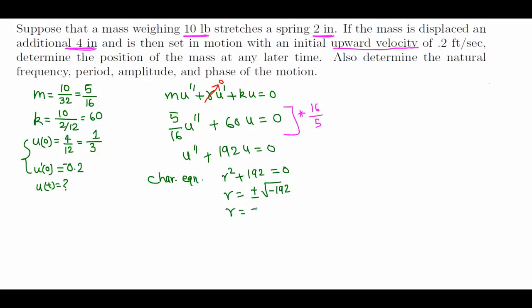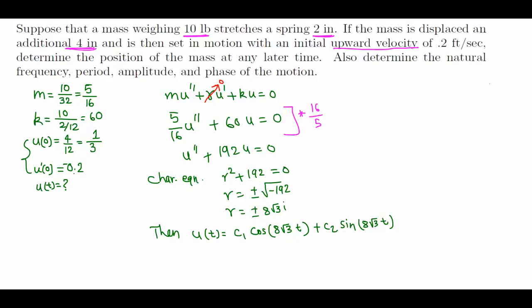So r equals plus or minus, this is 64 times 3, so 8 square root of 3 i. So we have complex conjugate roots. Then the solution u(t) is c1 cosine 8√3 t plus c2 sine 8√3 t.